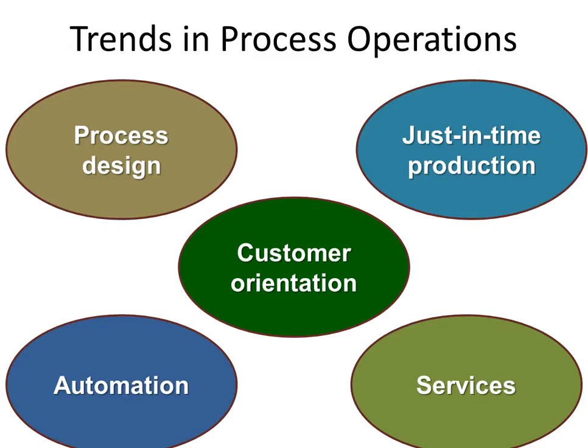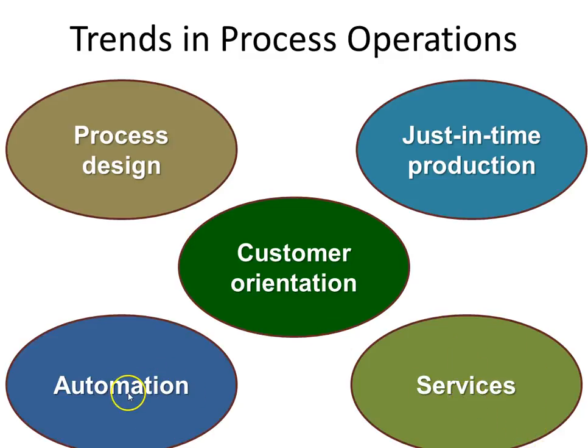Trends in process operations, much like job orders: there's the process design, working with engineers, how can they simplify it and refine it, make it more efficient, more effective. Just-in-time production, you just want to bring in just the amount of raw materials as needed. Again, you're listening to your customer, what changes are happening in the marketplace. There's definitely a lot more automation, and this is also occurring in the service industry.